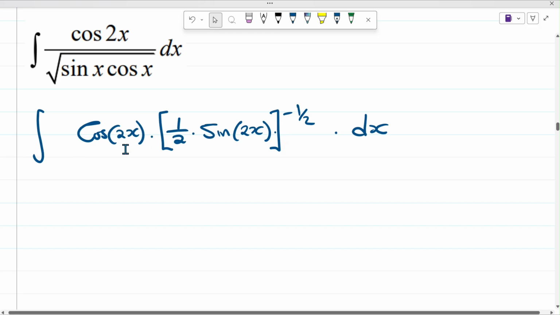Then this becomes just cos of 2x, right? Makes sense, right? So if this becomes f of x and this becomes f prime of x, and we can see that our f of x is to the power n, then we can make use of the general power rule, right?